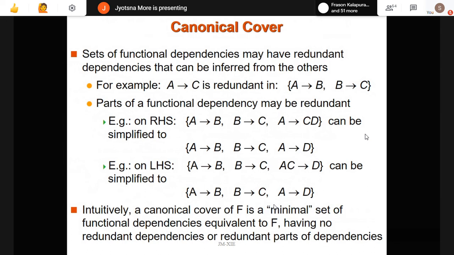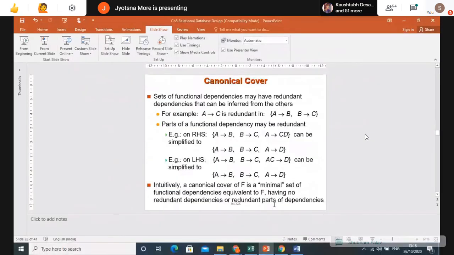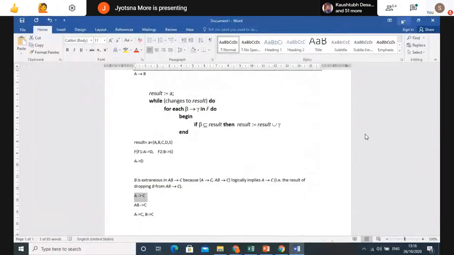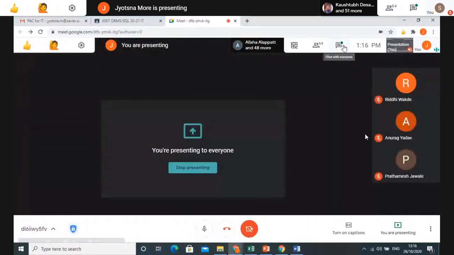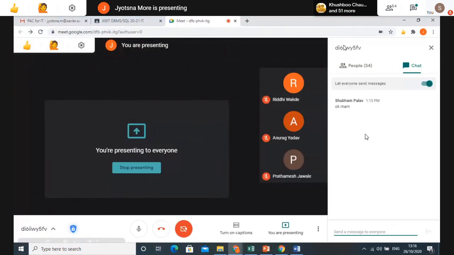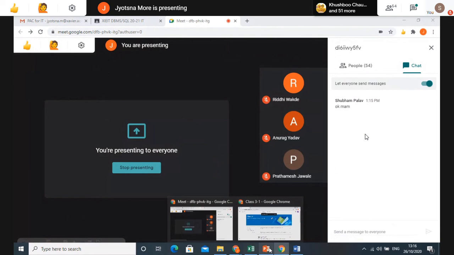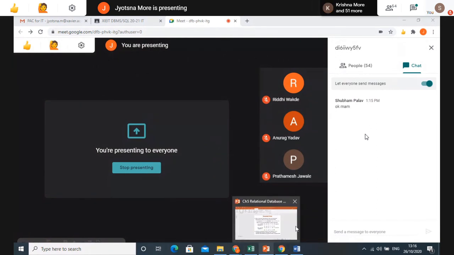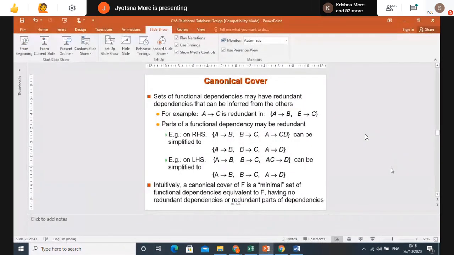Canonical cover is the last part related to functional dependency. I think right now I will not ask you about canonical cover. Is anybody asking? I'm just getting a notification. Any comment? I know there are slightly mathematical terms here, and I don't want to burden you by explaining if you are not getting it, because that is a waste of explanation.